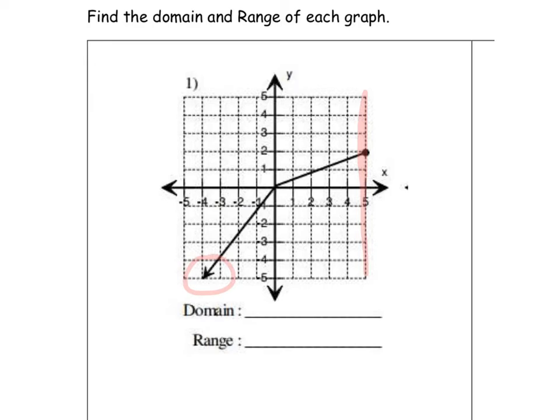So when we write our domain for that, the arrow means that the numbers go on and on and on forever. So we are going to include a parenthesis, a negative infinity because it's going on forever in the negative direction, and then my x-axis stops at 5, and it's a solid circle, so that means that 5 is included.